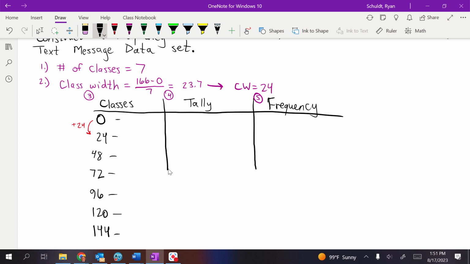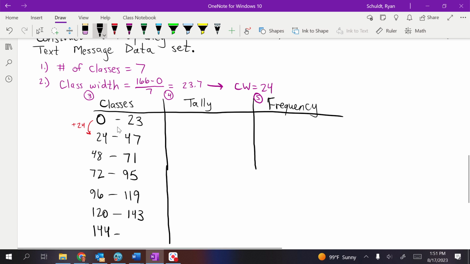Now I need to go get my upper limits. On the upper limits, we want to make sure they don't overlap. So if I have 24 messages here, what's the maximum I can have up here? 23. Okay, so then my next limit would be 47, and then 71, 95, 119, 143.